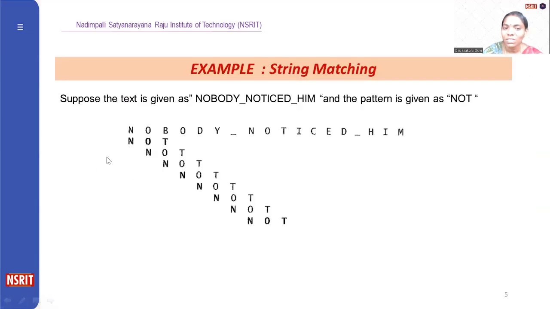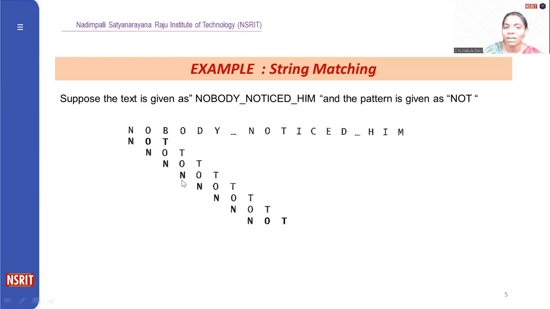That's what's happening here. Now I gets incremented, and for the next position we try to match with this, but it does not match. Again it is incremented, and here N and B do not match.